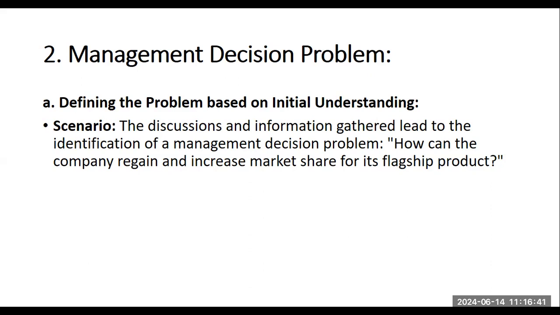So then a discussion with the decision makers, and their concerns about increased competition, changing consumer preferences, and economic downturn. So when the researcher discusses with the decision makers, the decision makers have some idea about the reasons for the decline in the sales.